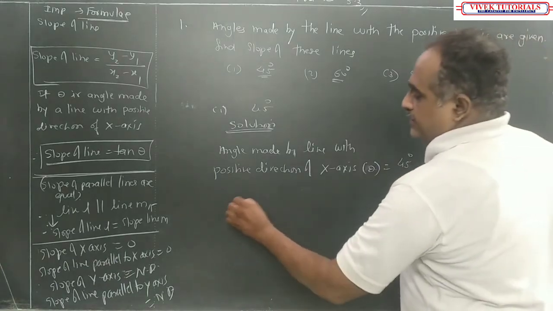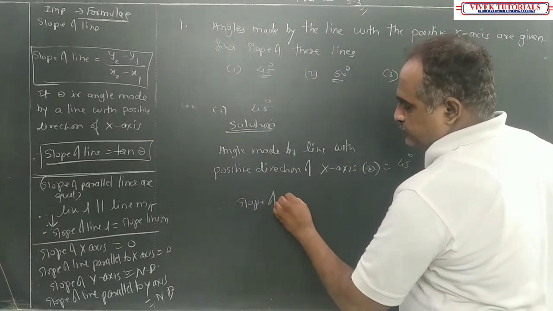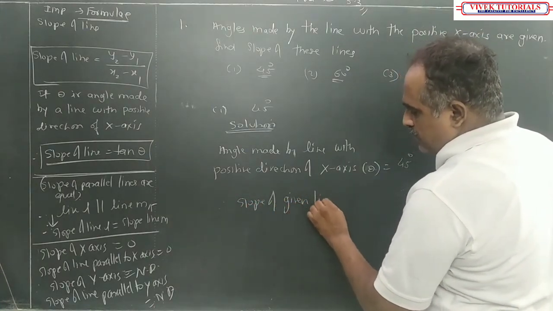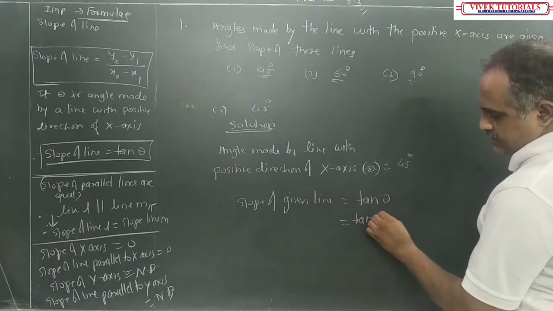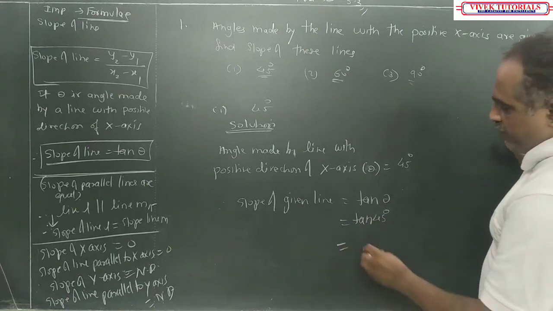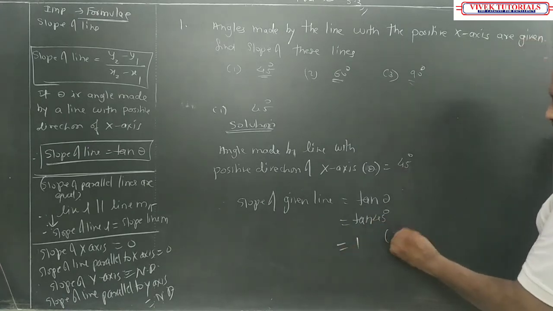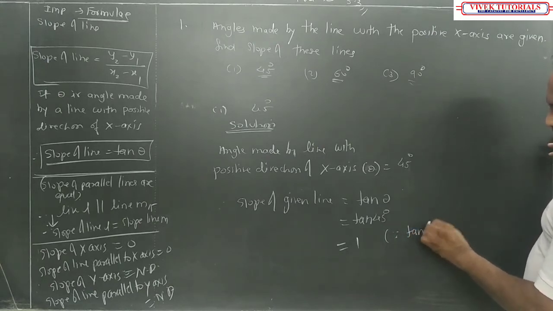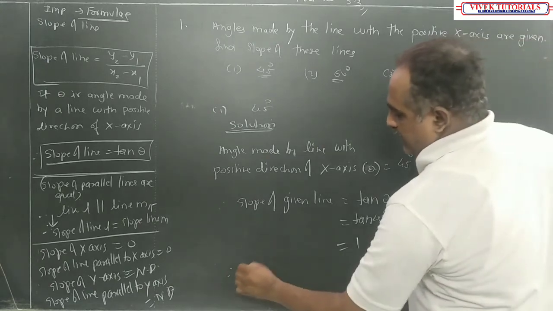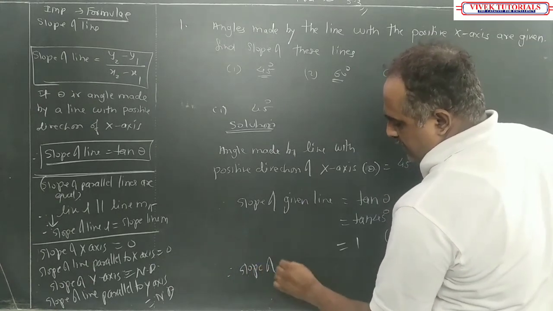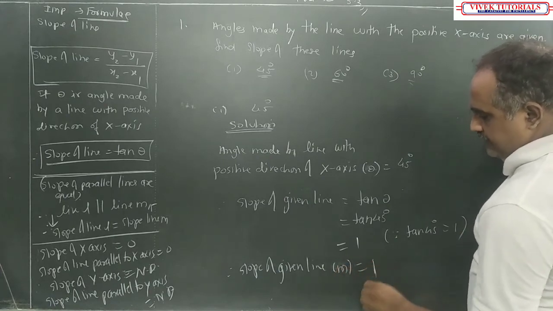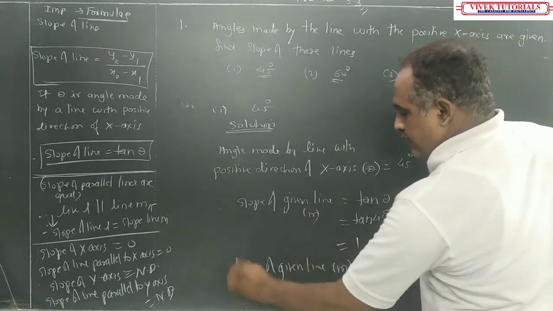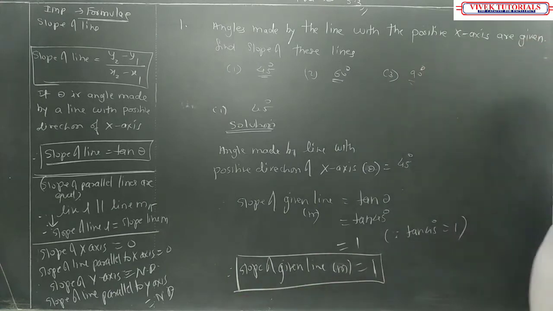Therefore, slope of given line is equal to tan theta. Tan theta is tan 45 degree. Tan 45 degree is nothing but 1. Since tan 45 degree is equal to 1, ultimately slope of given line, that is slope is denoted by m, is equal to 1. So what is the slope of given line? 1. So this is the way we are going to write.